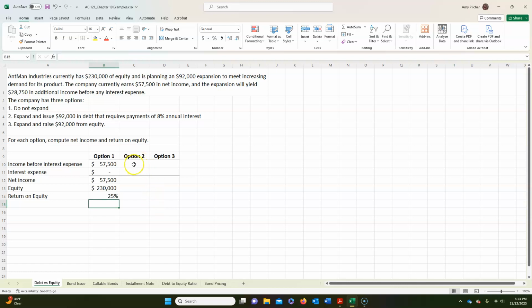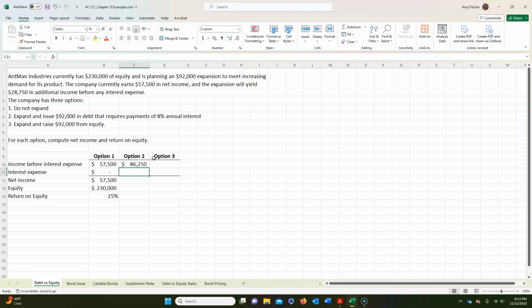Then in option 2, we expand and we issue debt. So if we expand, we have $57,500 plus $28,750 in additional income, because we're going to get that. We're also going to have interest expense.